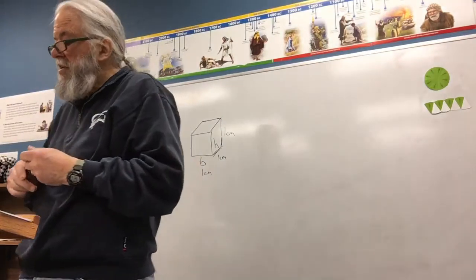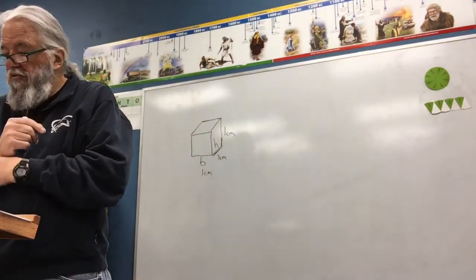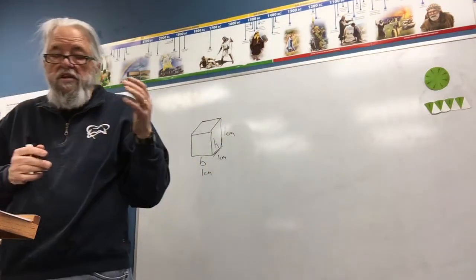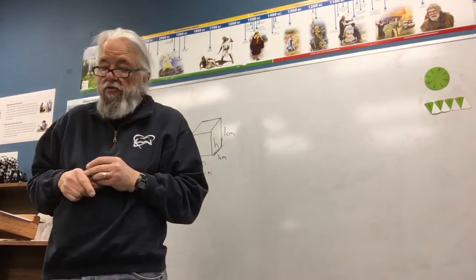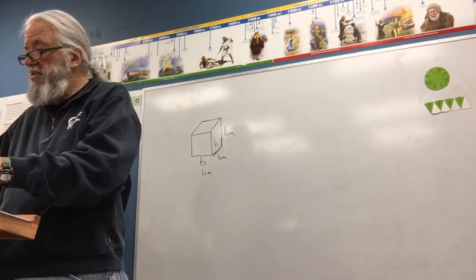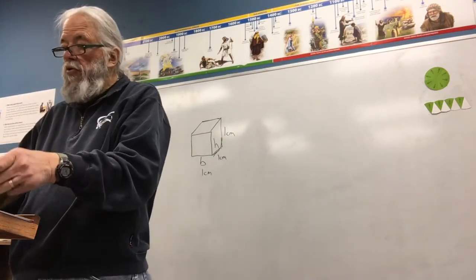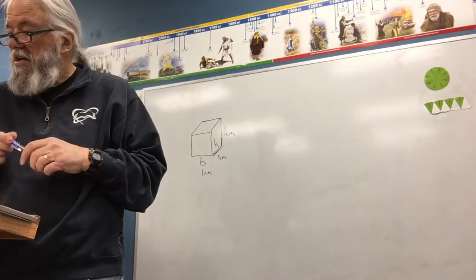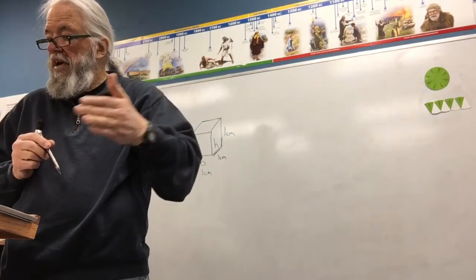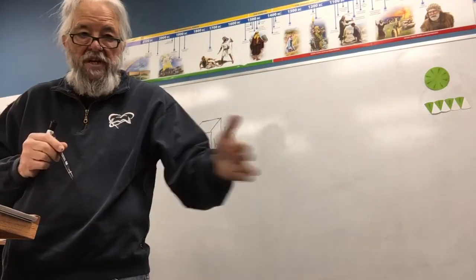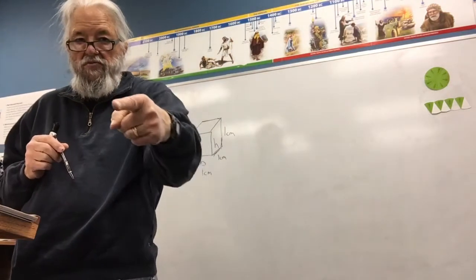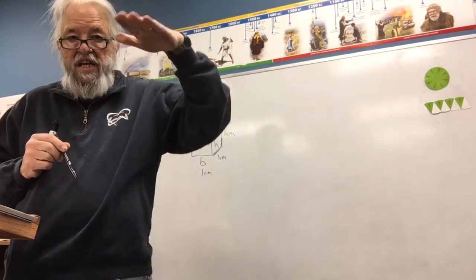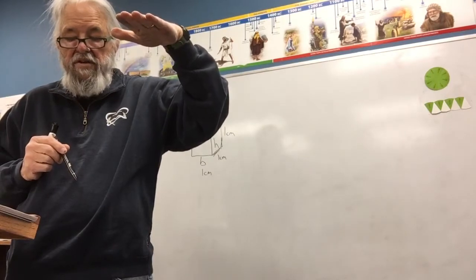Okay? So when you go over and you're looking at page 415, and you're looking at example 1, notice that it has a base that measures 4 centimeters this way and 2 centimeters this way. You can see that up on the top, okay?